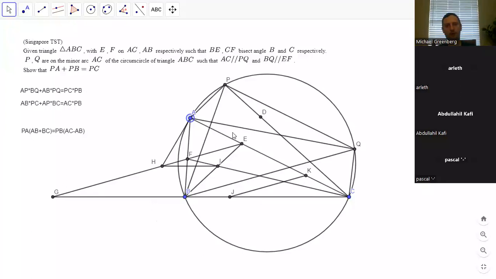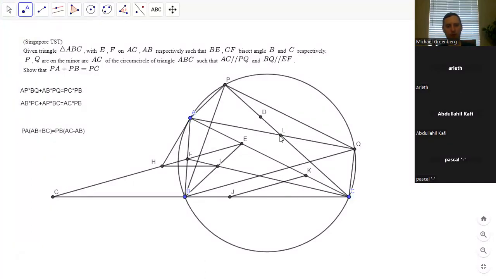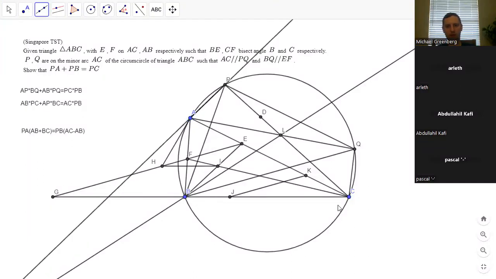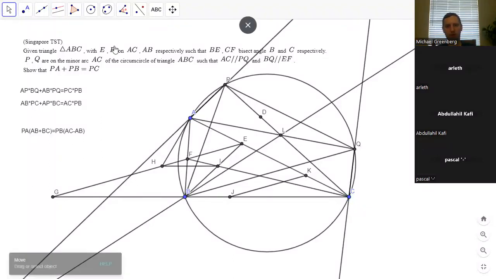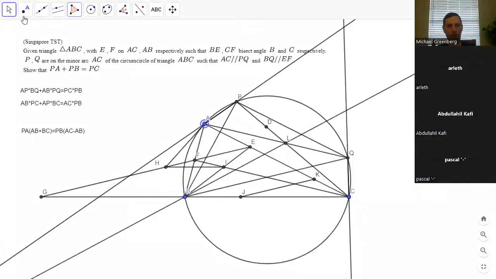So yeah, maybe we could use the orthogonal line lemma. Like if we draw this point, and then we let PA and QC intersect, then those two would be orthogonal. I just don't know how much that would help. So yeah, if we let these intersect at a point really far away, sorry, I'm just going to make it closer for the time being.